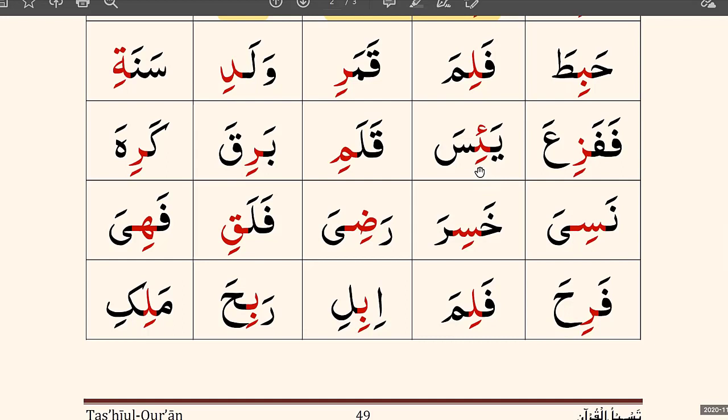Alif, Ra, and Lam. Alif, Lam, and Ra. It is better to memorize this word like Alif, Lam, Ra, though in order it should be Alif, Ra, Lam, because Alif comes first, then Ra, and at the end Lam.